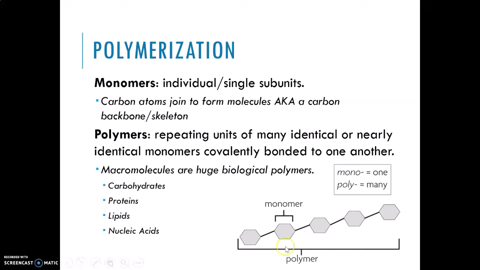And those would be things like carbohydrates, proteins, lipids, nucleic acids. These are all really big molecules, and they're made out of one subunit linked to another, linked to another, linked to another. And so we need to talk about how that linking happens before we can get into the specifics of what those macromolecules entail.